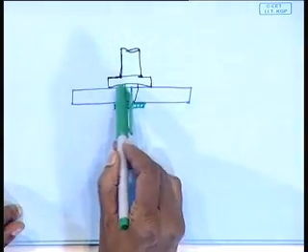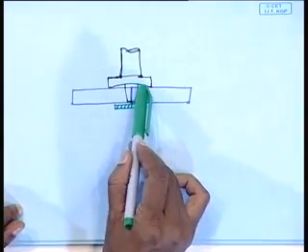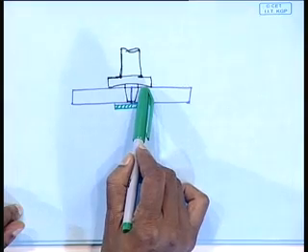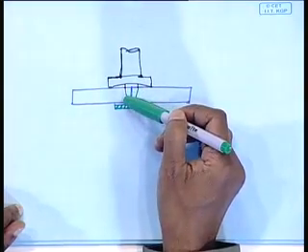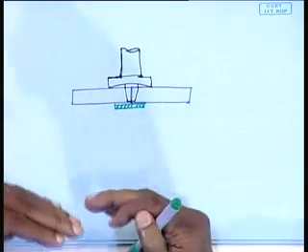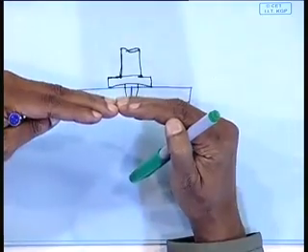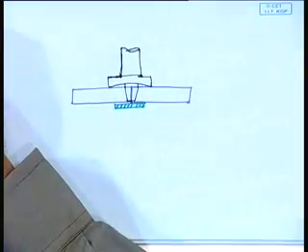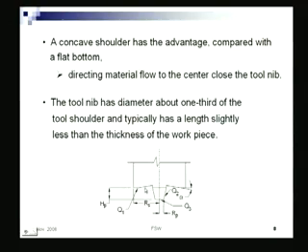You have a small gap between the back surface of the shoulder and this plate. So when the nib is plunged inside, some metal will try to come out. So a concave surface can accommodate that material. A concave shoulder will have that advantage, and it will also direct the material to flow, so a better flow will be there.